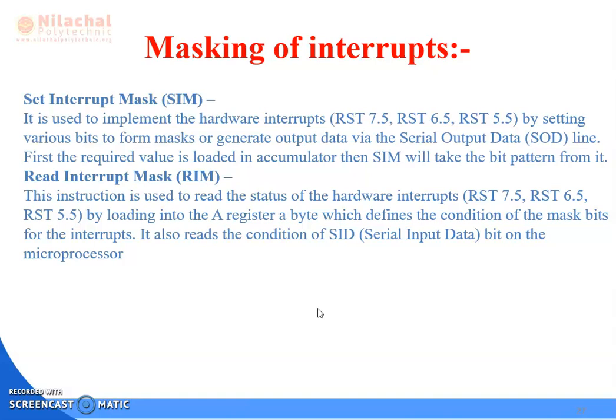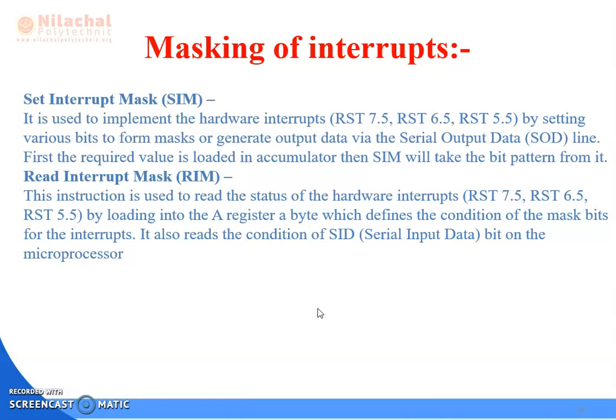It is used to implement the hardware interrupts, that is RST 7.5, RST 6.5, RST 5.5, by setting various bits to form the mask or generate the output data via the serial output data line, that is SOD. First, the required value is loaded in the accumulator, then SIM will take the bit pattern from it.